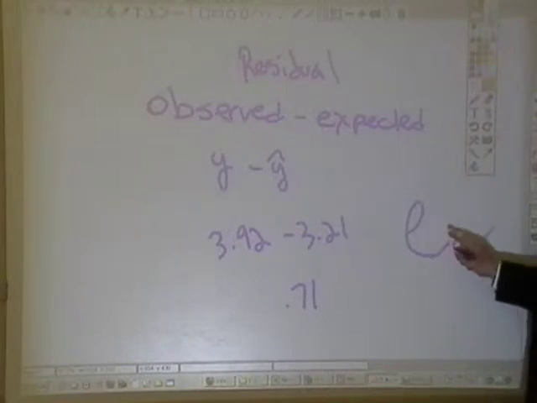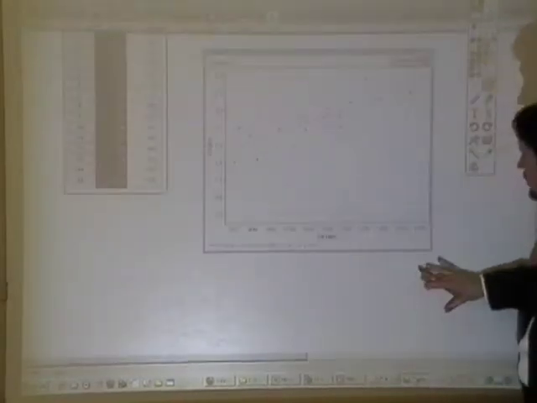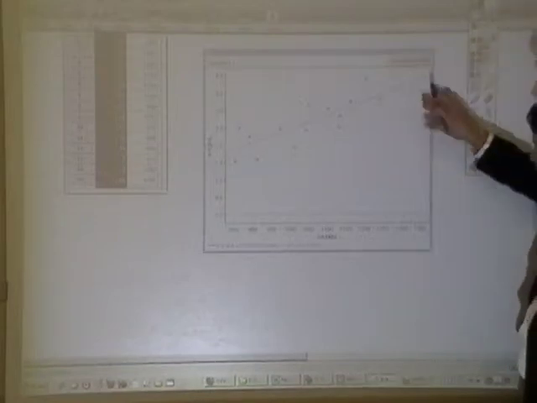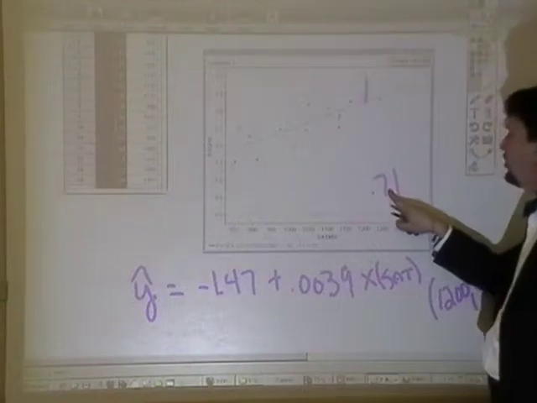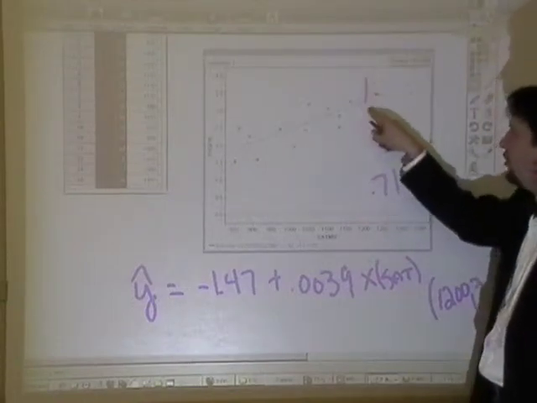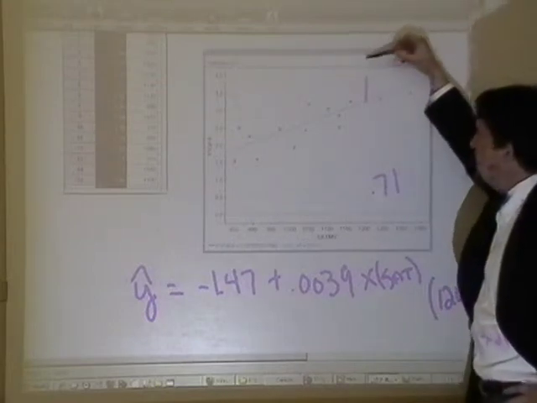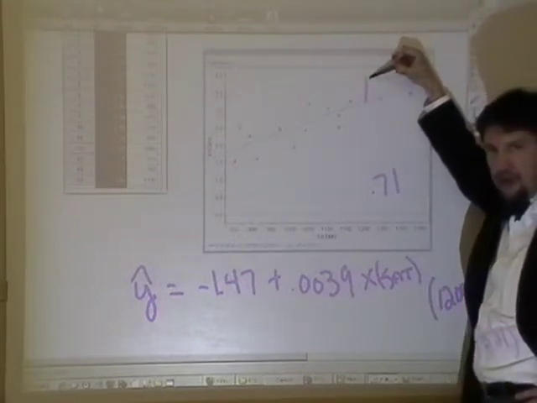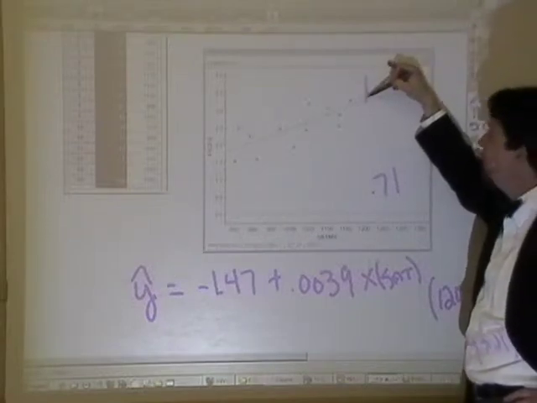Very, very important that we keep that in mind, because really as we look back at what this is, it's our inability to correctly predict the true value. And our residual, or our error in our model, is 0.71. Now keep in mind that the observed value is above the predicted value.